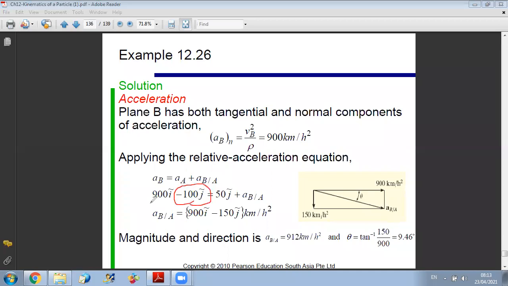This is AB normal, 900I, and equals to AA is 50J plus AB relative to A. This equation will allow me to get the relative acceleration vector, and then I can find the magnitude and the direction. Okay? Any question on this?